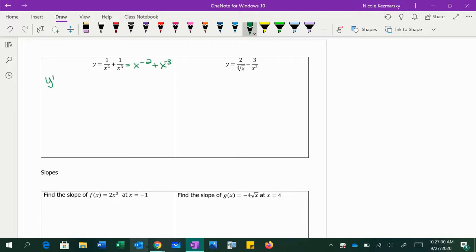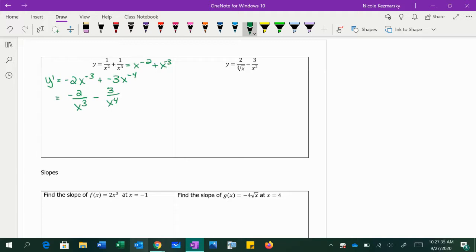Then we're going to say y prime equals -2x to the -3 plus -3x to the -4. And then turn this into -2 over x cubed minus 3 over x to the 4th. And it's important to remember the 2 and the 3 don't have the exponent, so they stay in the top.